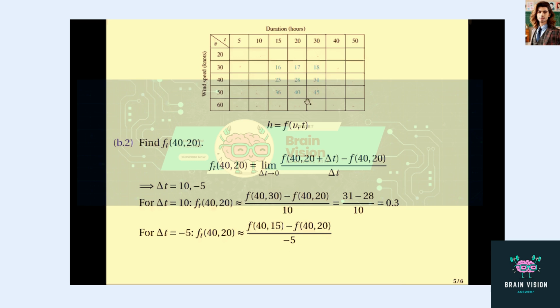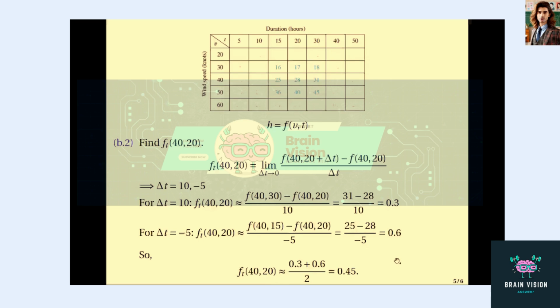Using the values on the table, this is 25 minus 28 divided by negative 5, which is 0.6. Again, f sub t of 40, 20 is approximately the average of these two values, which is equal to 0.45.